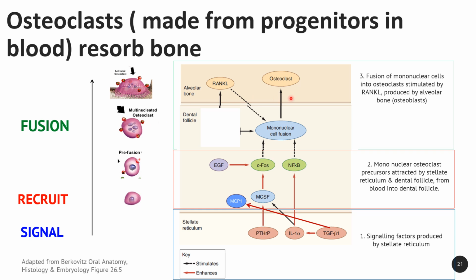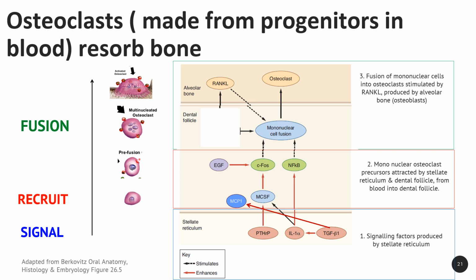So number 3 on the right hand side, fusion of mononuclear cells into osteoclasts stimulated by RANKL, so I'll come back to this, produced by the alveoli of bone. So the bone is what we need to get rid of. RANK is the receptor which I was talking about on the outside of the osteoclasts. RANKL is the ligand for the receptor.